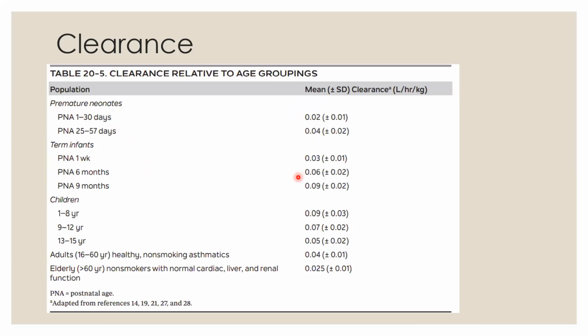Why smaller? Because they don't have the enzyme that metabolizes theophylline.